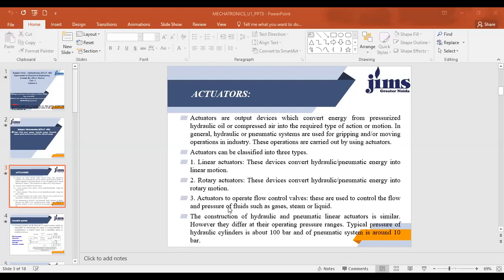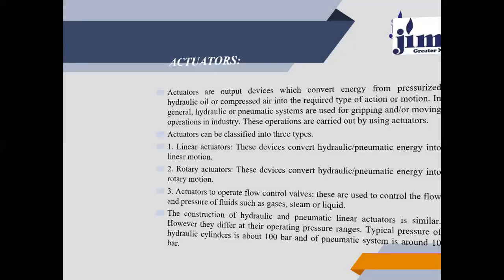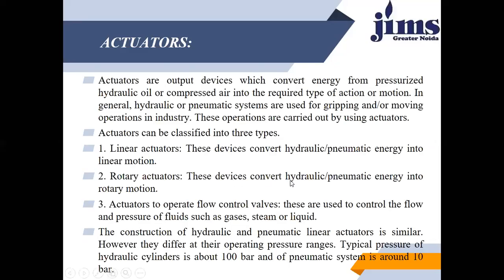About the linear actuator, I already told you: these are devices which convert hydraulic or pneumatic energy into linear motion. The rotary actuator converts hydraulic or pneumatic energy into rotary motion.